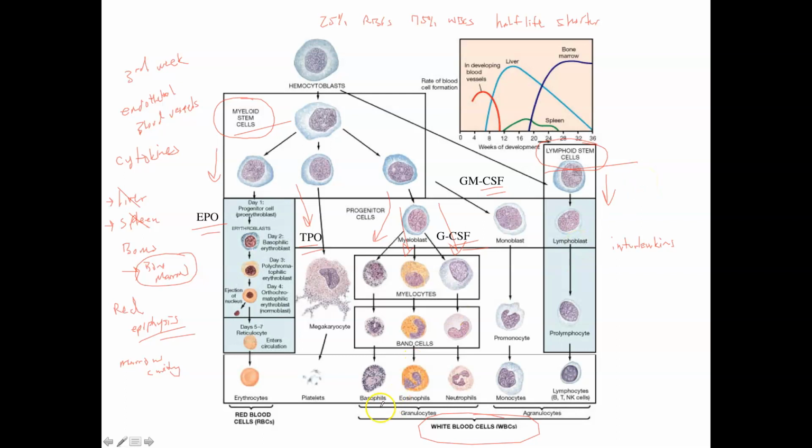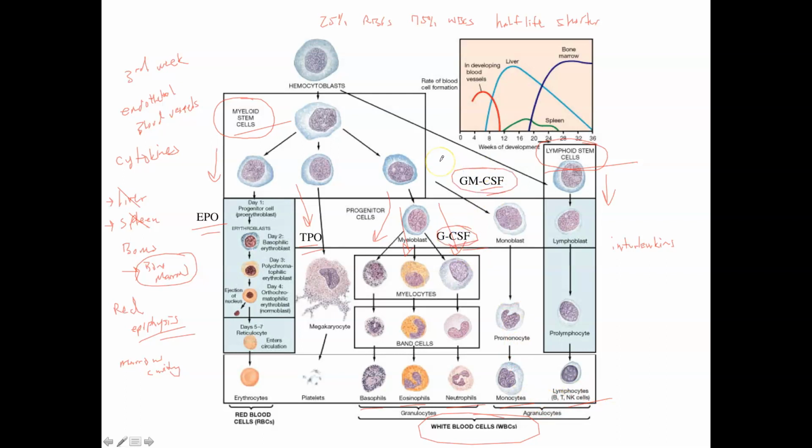So in order for us to make basophils, eosinophils, neutrophils, monocytes, and lymphocytes, we're looking at both of these stem cell lines. The most important colony stimulating factors would be the G-CSF colony stimulating factor and the GM-CSF.